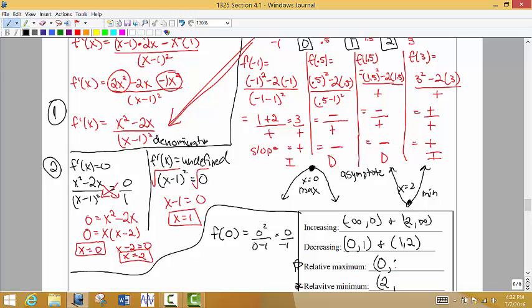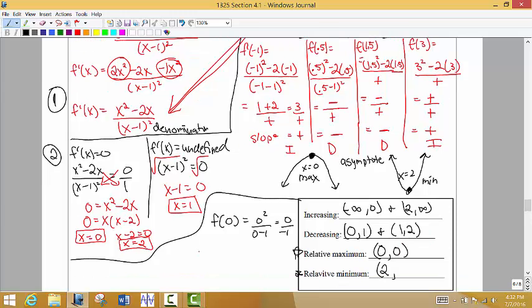So that's pretty nice. And then we'll do the same thing with 2. Really easy. We end up with 2 squared divided by 2 minus 1. That's 4 over 1, so we end up with 4. So our relative max and relative min, we plug into the original function to find those original points on the graph. We find both the x and the y value of those points.